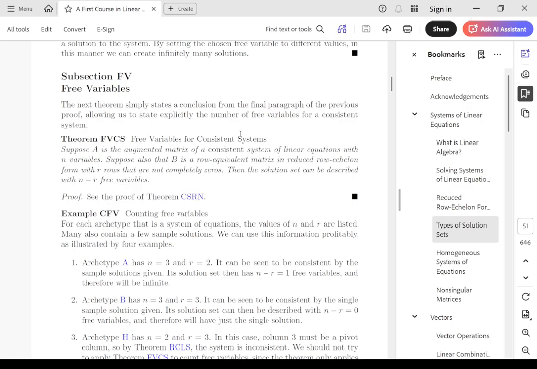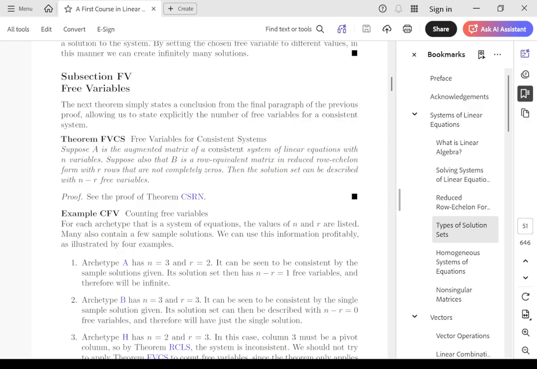Suppose A is the augmented matrix of a consistent system of linear equations with n variables. Suppose also that B is a row equivalent matrix in reduced row echelon form with r rows that are not completely zeros. Then the solution set can be described with n minus r free variables.